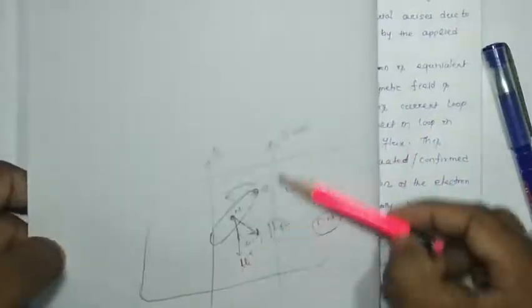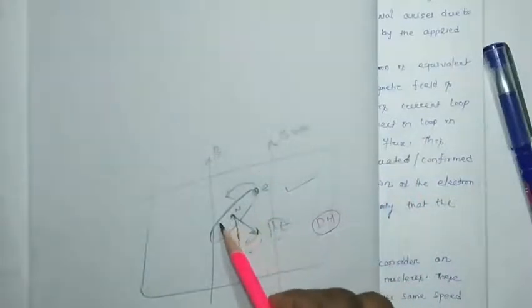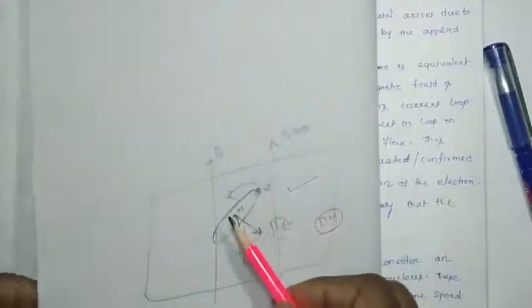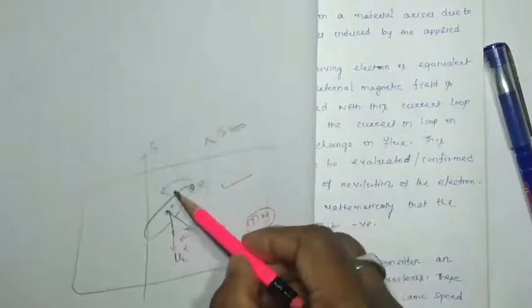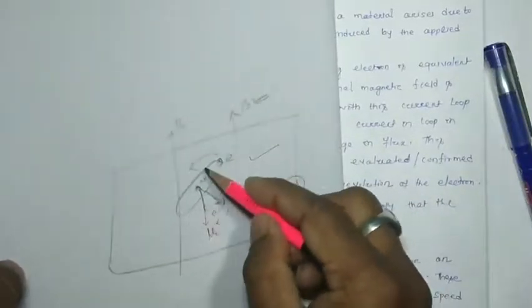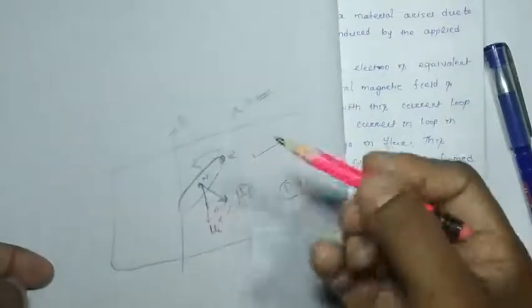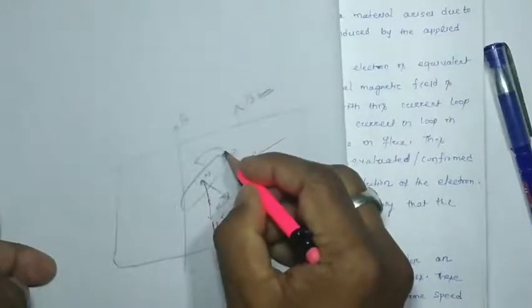So when the magnetic field is applied, the current of the loop is going to be changed.